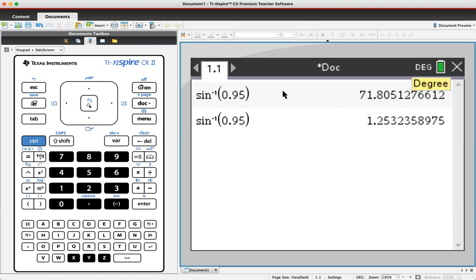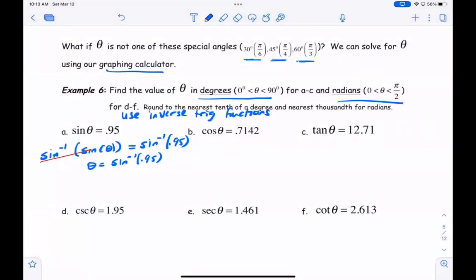So I'm going to leave the calculator there. Okay, let's jump back to the notes. Okay, so we just found out this angle was 71.8 degrees. So I'll write that down. 71.8 degrees is equal to theta.